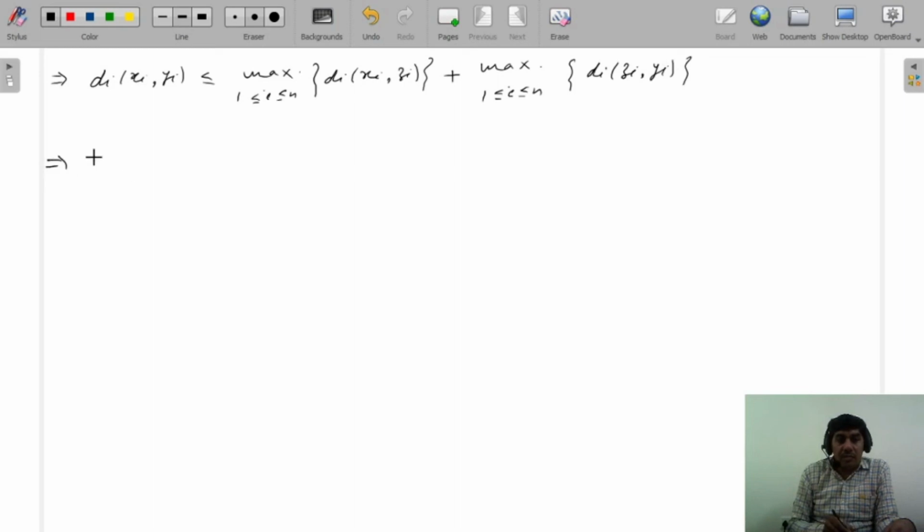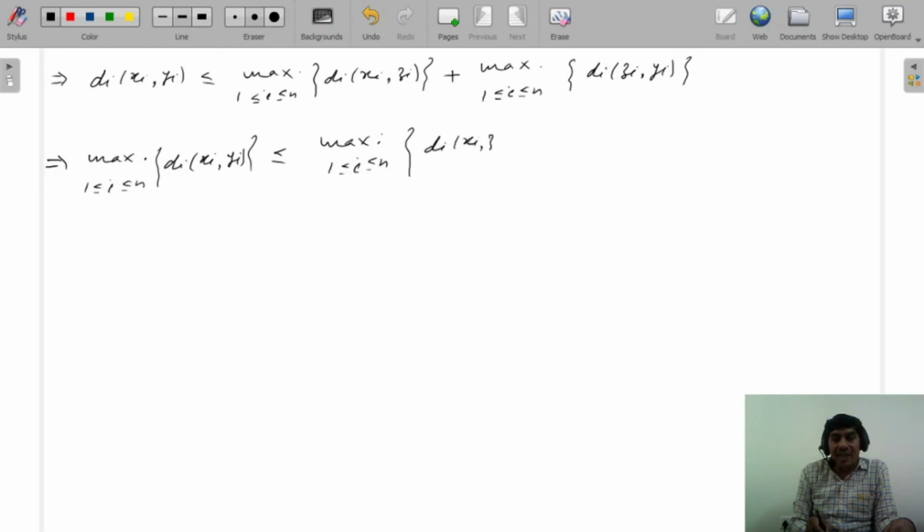This implies maximum i varies from 1 to n di(xi, yi) is less than or equal to maximum i varies from 1 to n di(xi, zi) plus maximum i varies from 1 to n di(zi, yi).